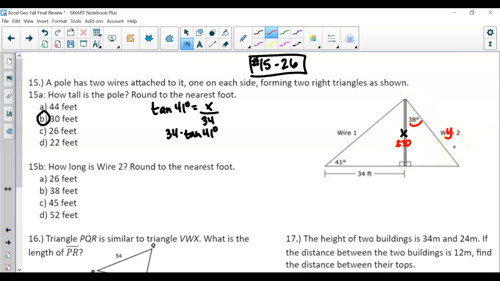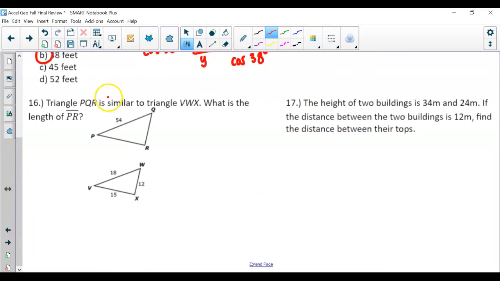So now that's why we're going to use cosine. So this is cosine of 38 degrees, and that is equal to, now this is adjacent, which is 30 over Y. So because of this ratio, that's why you had to solve by dividing 30 divided by cosine of 38 degrees. And you get that this is approximately B, 38 feet.